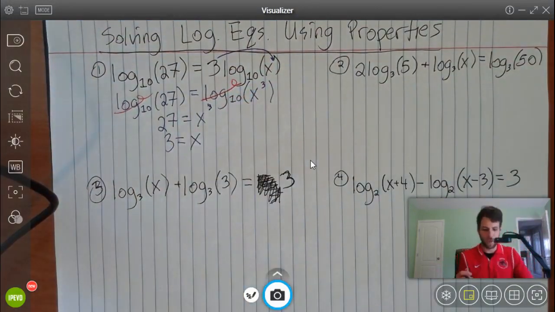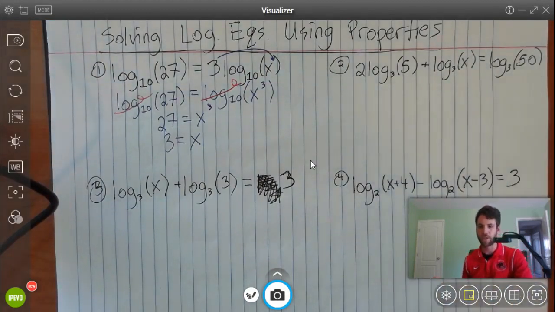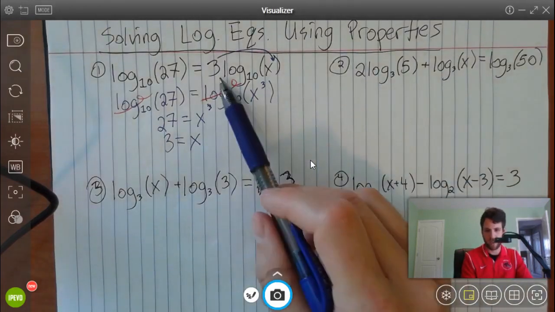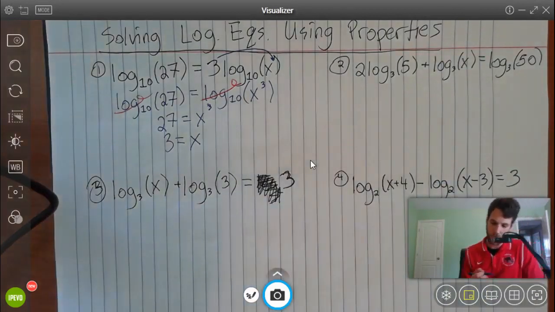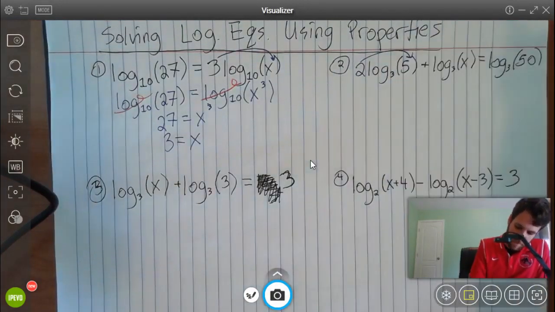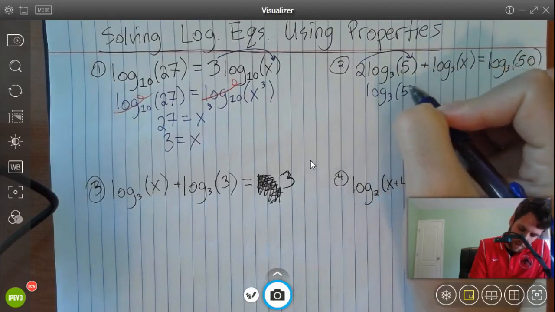Number two, if we look at the problem first, take a second to think about what you might do with this one. I see a 2 in front, so that's going to be the power rule again. I also see a plus sign, so that is going to be the product rule. So let's put the 2 in the front on top of the 5 first, rewrite everything, taking it one step at a time.